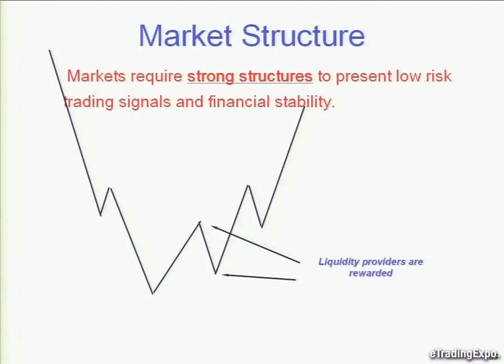Now you can move up, and internally to this up move, you will have ABC structure where ABC, OP, liquidity providers will then provide enough liquidity so that this market will turn and you will create a market structure so that those people left behind will have an opportunity to get in. Those people that have gotten short will have an opportunity to get out. Okay, hear that last statement. Those people that have gotten short will have an opportunity to get out.